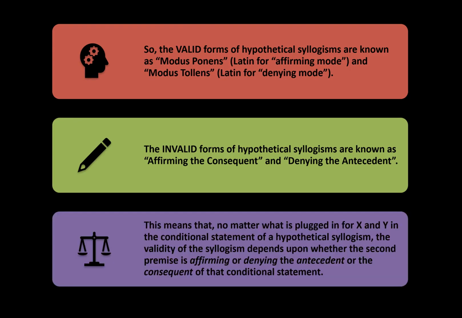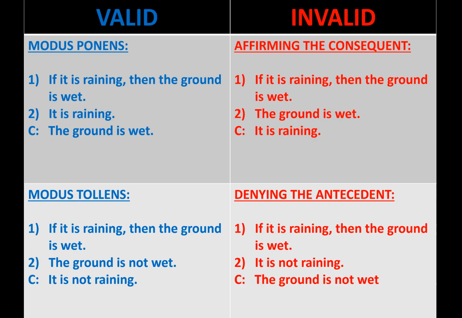So this means that, once again, no matter what is plugged in for X and Y in the conditional statement of a hypothetical syllogism, the validity of the syllogism depends upon whether the second premise is affirming or denying the antecedent or the consequent of that conditional statement. So let's plug in some real values for X and Y here, right?